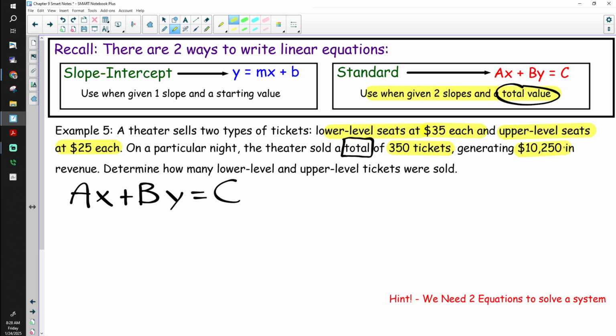I need to make an equation that represents the total tickets, and I need to make an equation that represents the total amount we made. Okay? Two totals, which means I need two equations in standard form. One of them is going to equal 350, and one of them is going to equal 10,250.